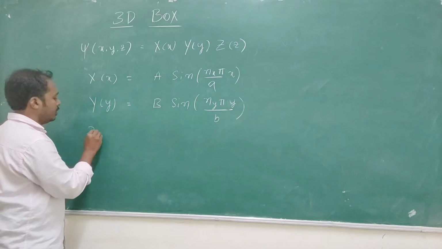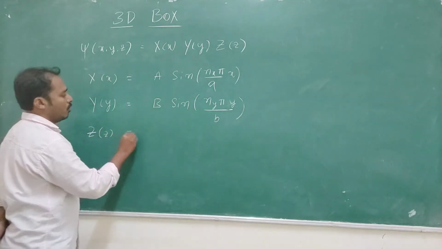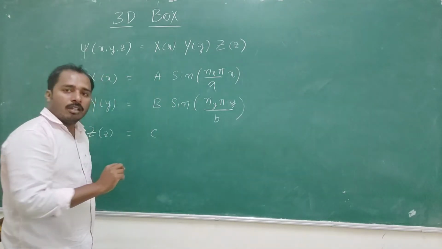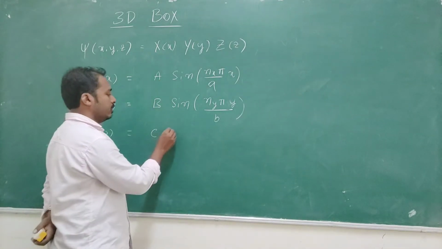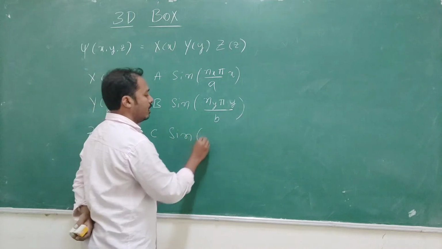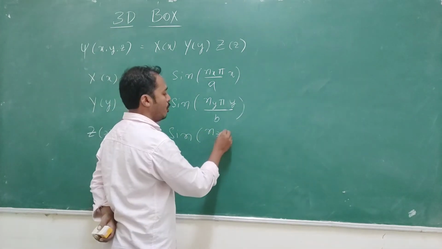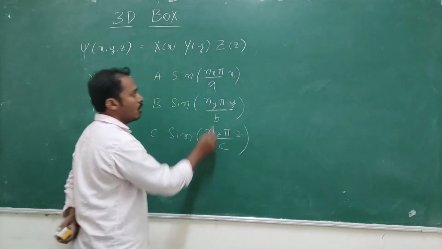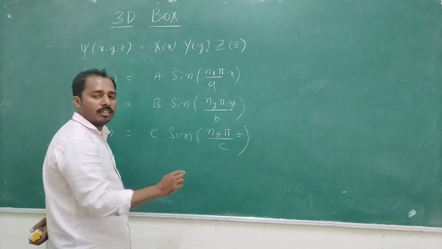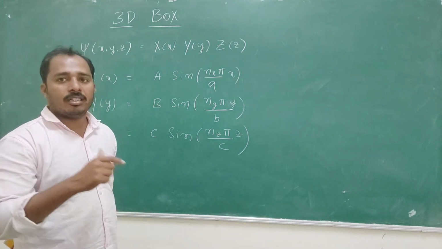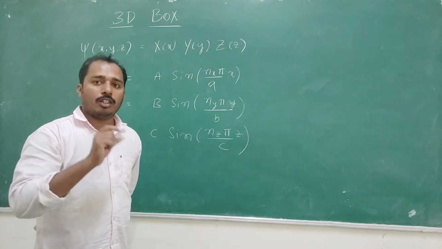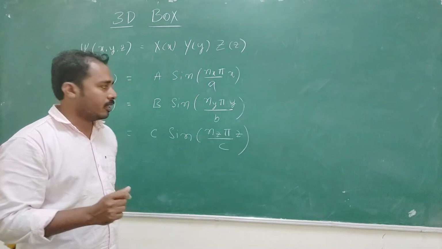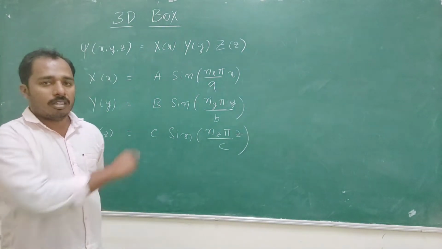Next, Z(z) is equal to root 2 by c sin of n_z pi z divided by c. Here a, b, c are the length, breadth and height of the box. So last class we discussed these things.